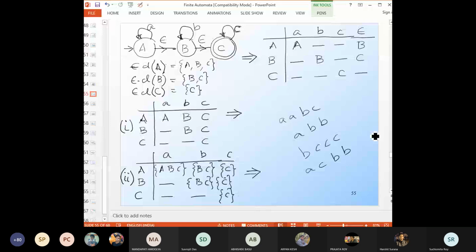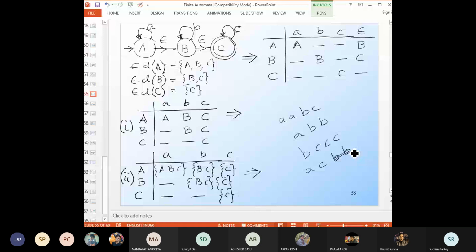So the set of strings accepted by this NFA is all those strings where you have 0 or more A's followed by 0 or more B's followed by 0 or more C's. Can you see that?